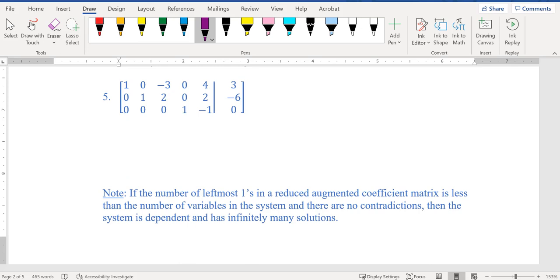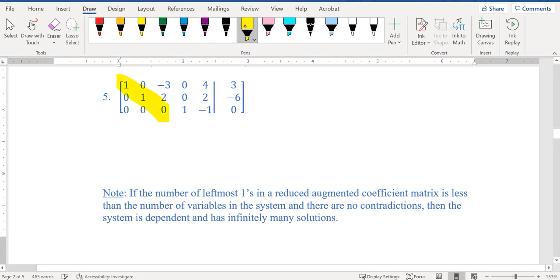Okay, for number 5, I'm looking for a diagonal. Oh, wait a minute. I see a leading 1 here in row 1, a leading 1 in row 2. Oh, that's okay. I see a leading 1 in row 3 as well. Okay, with this matrix, note that if the number of leftmost ones in a reduced augmented coefficient matrix is less than the number of variables in the system, then there are not going to be any contradictions.